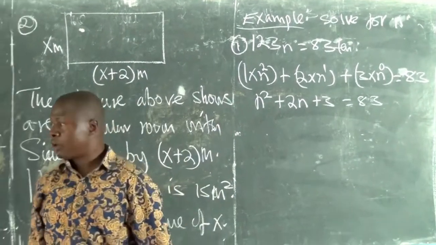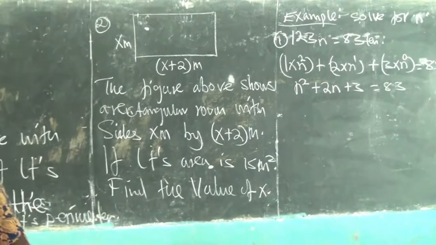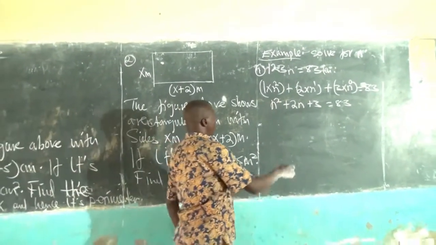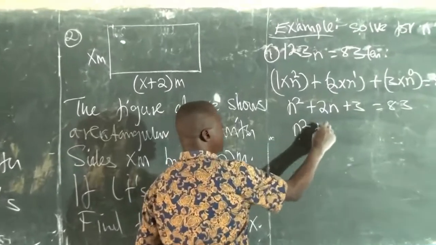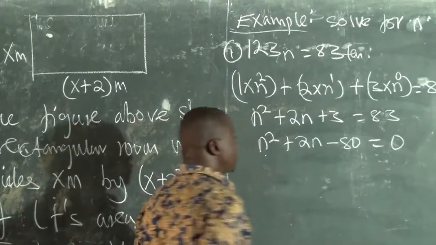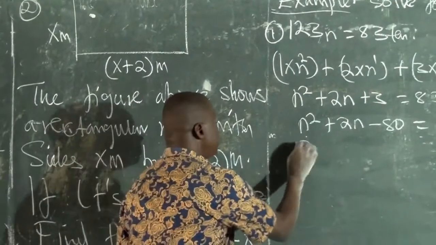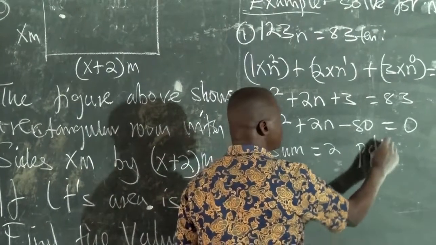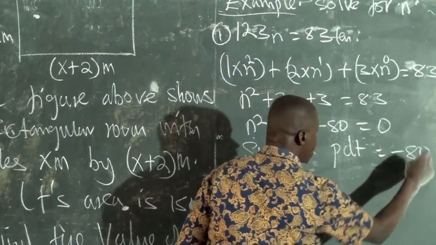We shall collect like terms. Let 83 cross to the other side. This is going to be n squared plus 2n minus 80 equal to 0. Our sum is 2. The product is negative 80.